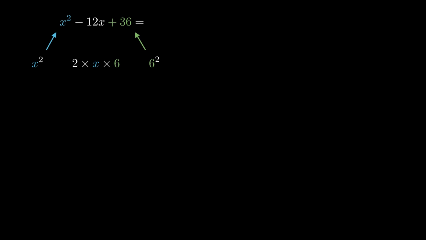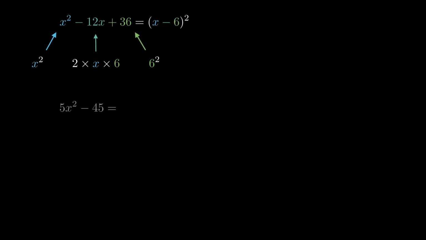And it does, because 2 6s are 12, and there's the x sitting there too. Great, so that tells us it's a perfect square. We can shove the x and the 6 into the brackets there. Finally, notice the middle term's actually negative 12x, which means it should be x minus 6 in the brackets, all squared. Remember, the middle term is the only one that cares about that sign inside the bracket.